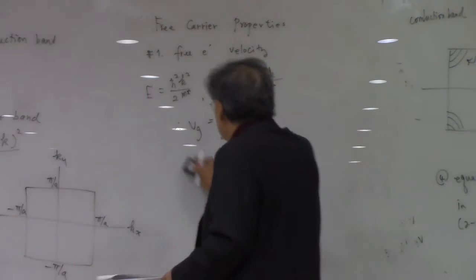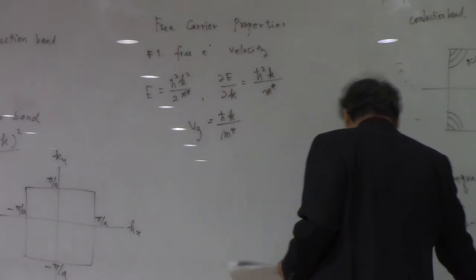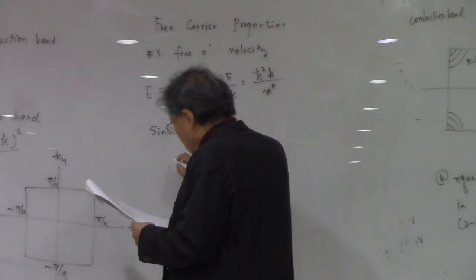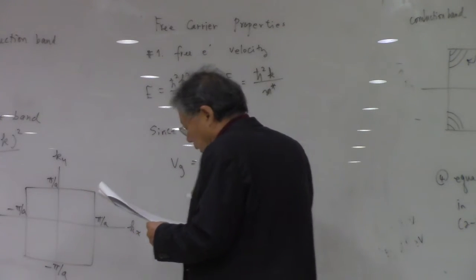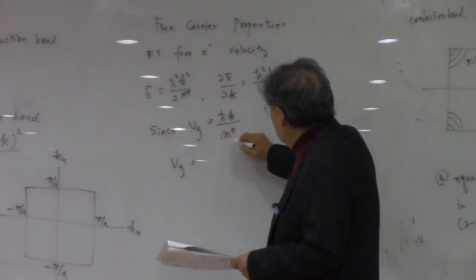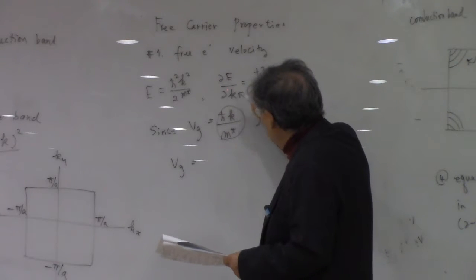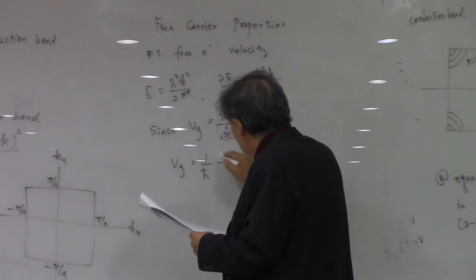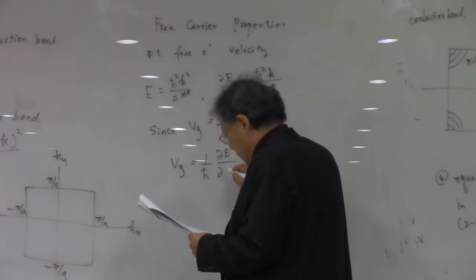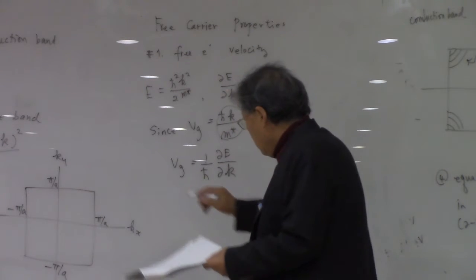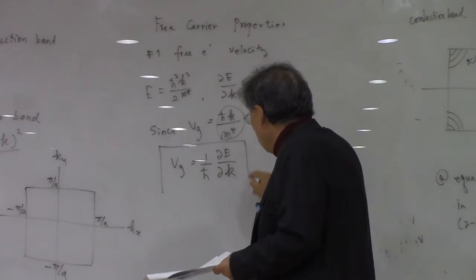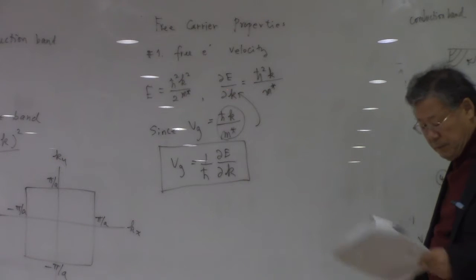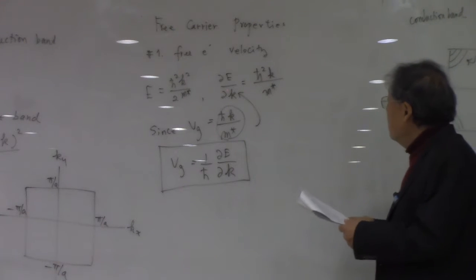Since this is corresponding to the first derivative of that, the group velocity is just a slope in the EK diagram, right?